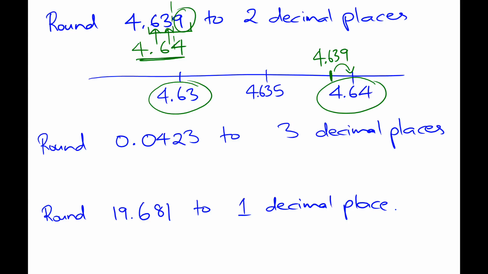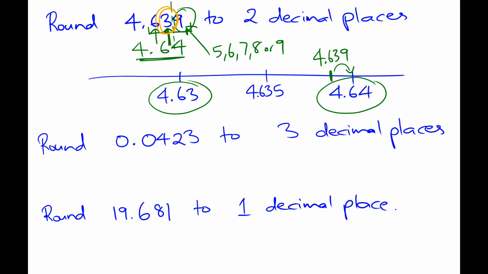Another way of looking at this is if you look at that third decimal place, if that third decimal place is one of these digits, so 5, 6, 7, 8 or 9, then that decimal place there, that one there, needs to be rounded up by 1.